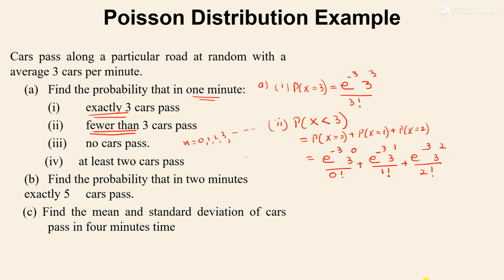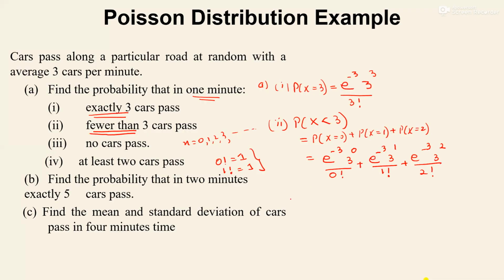And don't forget, 0 factorial is always 1, and 1 factorial is also always 1. Calculate this, and by using your calculator you can get the value.